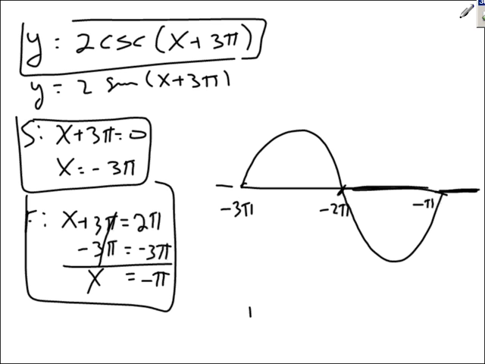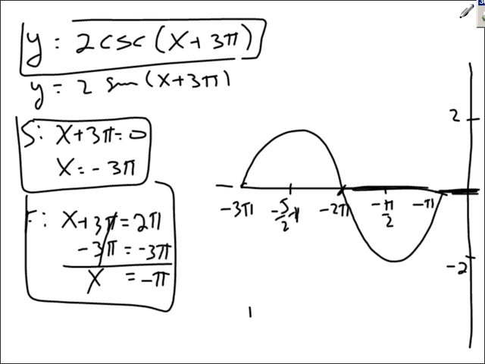I kind of run out of room to go pi, but make believe I go pi. So the highest value is 2. The lowest value is negative 2. And this is negative 2.5 pi's. And this is negative half pi. In between negative 2 and negative 3 is negative 5 over 2. Negative 2.5, negative 5 halves pi.